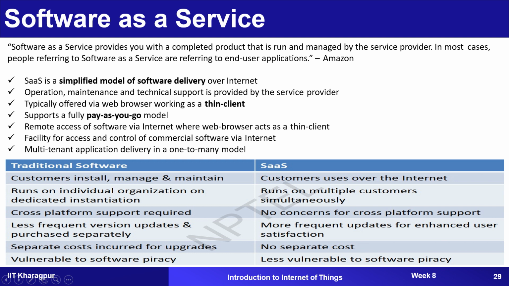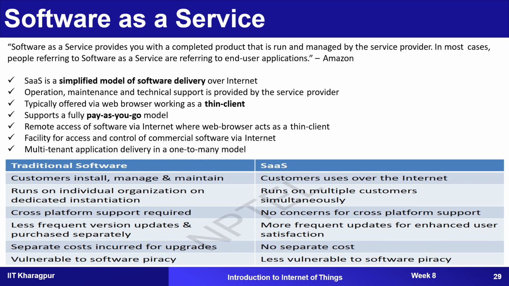So traditional software runs on individual organization on dedicated instantiation. However, in case of your software as a service, it runs on multiple customers simultaneously. Then in case of your traditional software, cross-platform support is required. However, in case of your software as a service, no concern for cross platform service support is there.